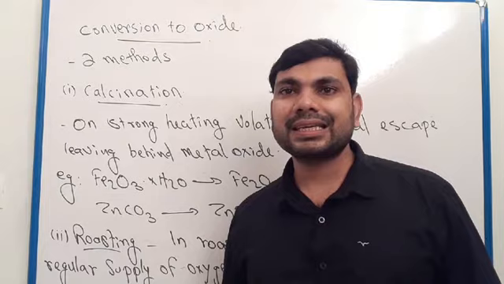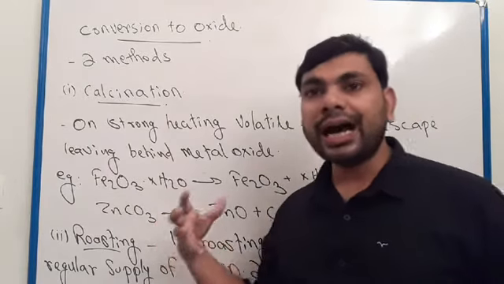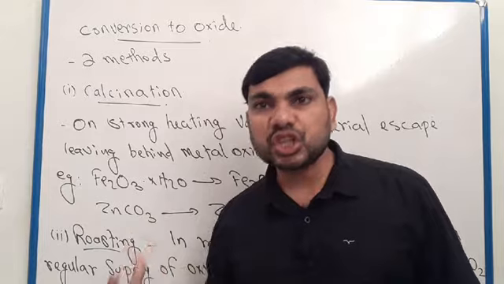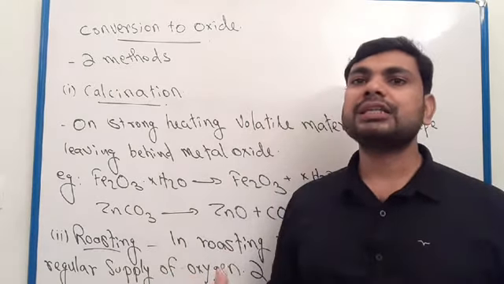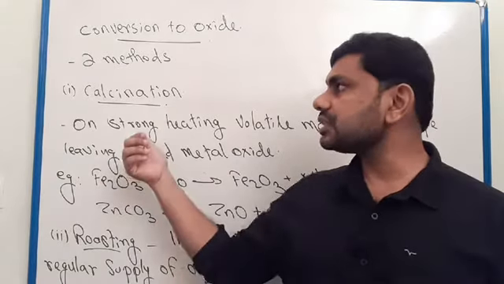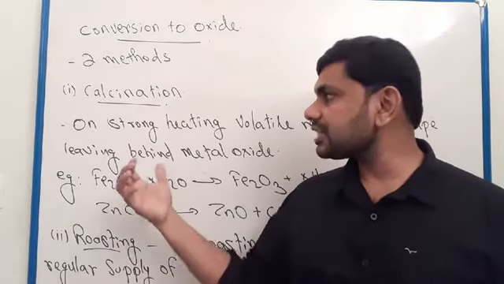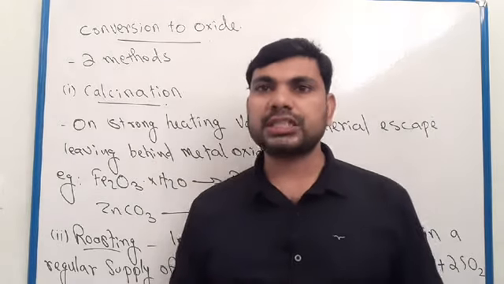Similarly, hydrated metal oxide on strong heating loses water molecules, which escape outside, and metal oxide is left behind. This method is called calcination. Calcination is heating very strongly in absence of oxygen.